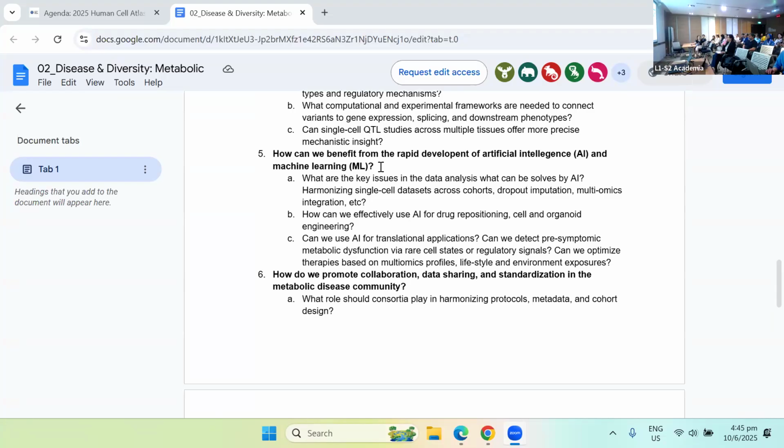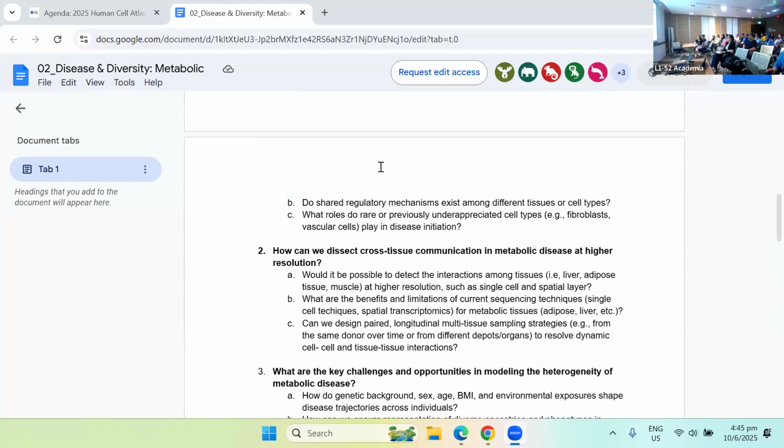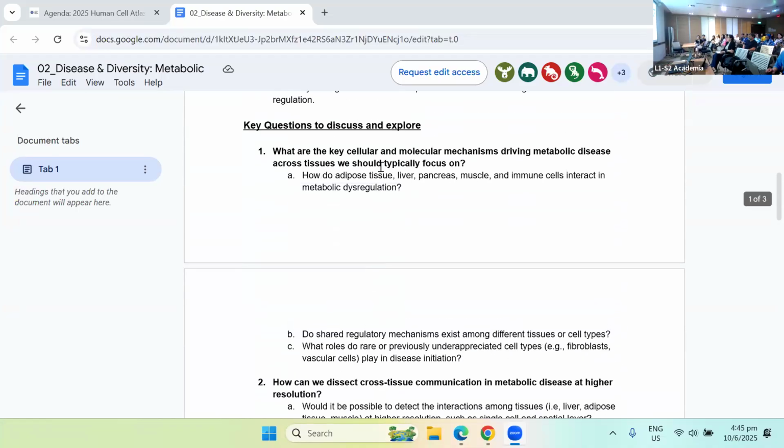We'll try to speak less and we open the floor for any comments. So perhaps we could start with question number one. What are the key cell types and tissue types driving metabolic diseases across a wide range of metabolic diseases, and what tissue types should we focus on?